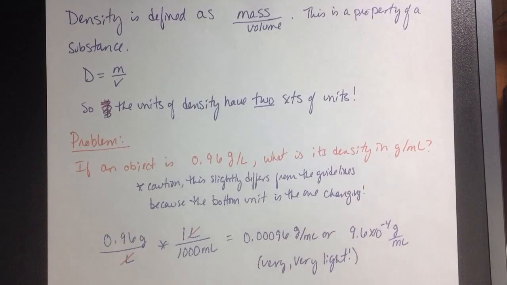Okay, another little side note, we sort of dealt with this a little bit before, at least in class. Density is defined as mass over volume. It's a definition of whatever substance you're dealing with. So a piece of wood is going to have a different density than a hunk of steel, right?